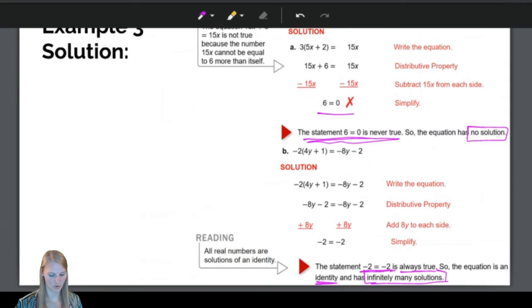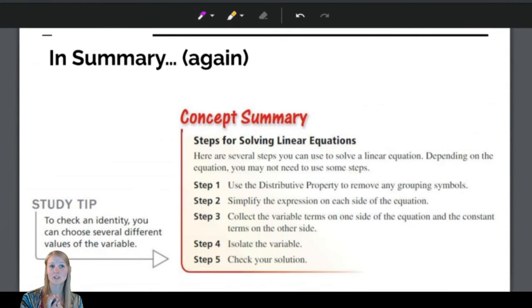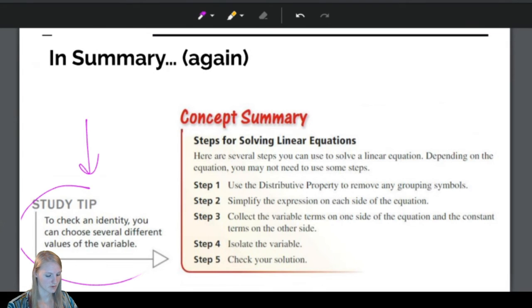Okay, wonderful. All right, so I know we saw this in the last video, but we're seeing it again because we're adding on a little new tidbit of information. To check an identity, when you check your solution, because remember, step 5 is always check our solution, you can choose several different values of the variable.